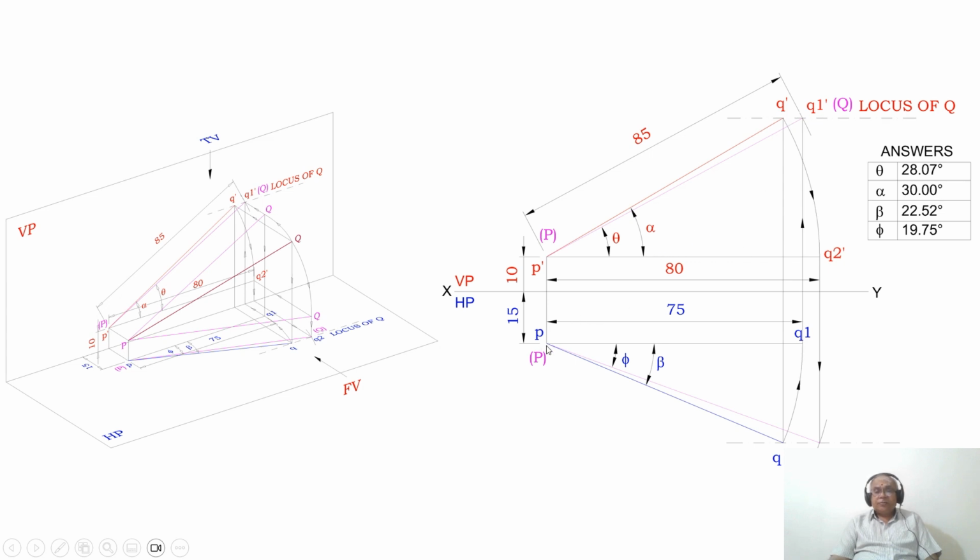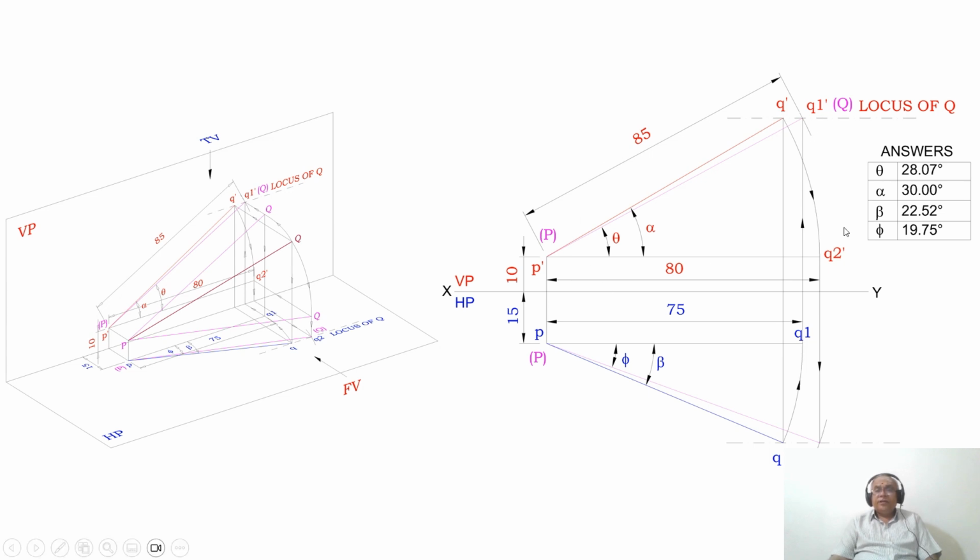Then, taking the protractor at point P, you measure the true inclination with respect to VP, which is 19.75 degrees or 20 degrees. With the same center, you measure the apparent inclination, which is beta. It will be 22 degrees, or 22.52 when you do it on a computer.